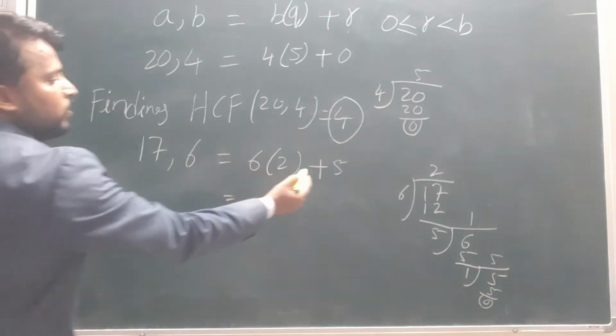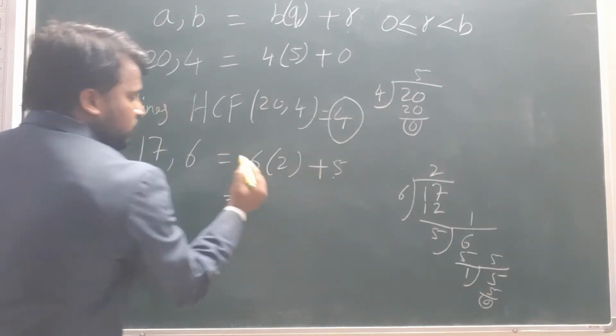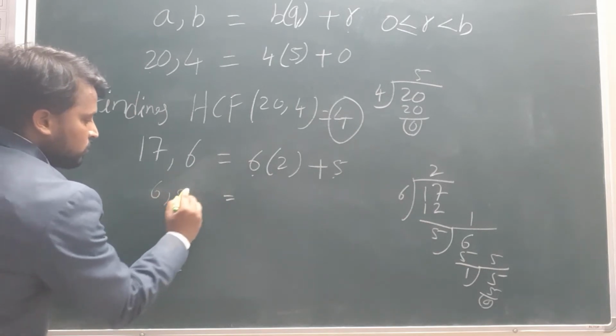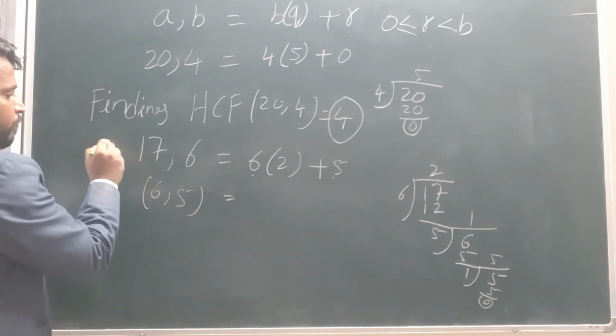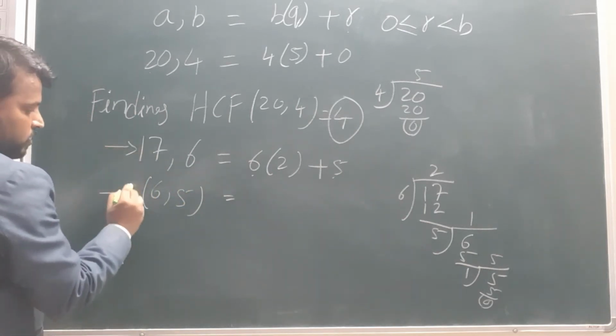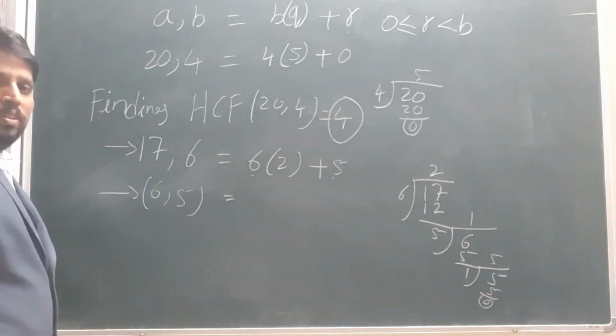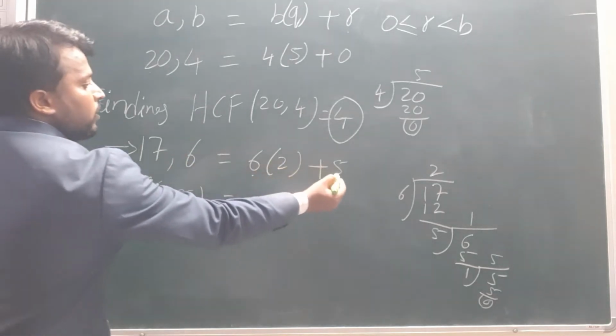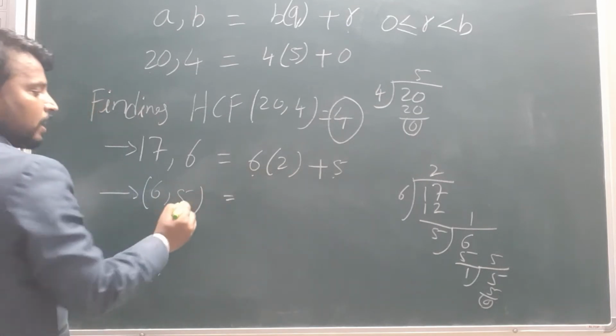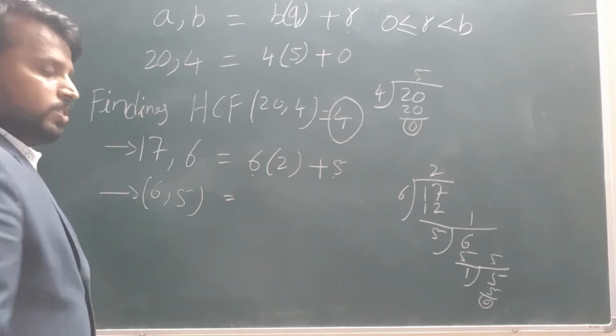Here also we do the same thing. That means with the remainder and divisor we take the values. This is the first step and this is the second step, and we are continuing. The remainder and divisor now act like positive integers.